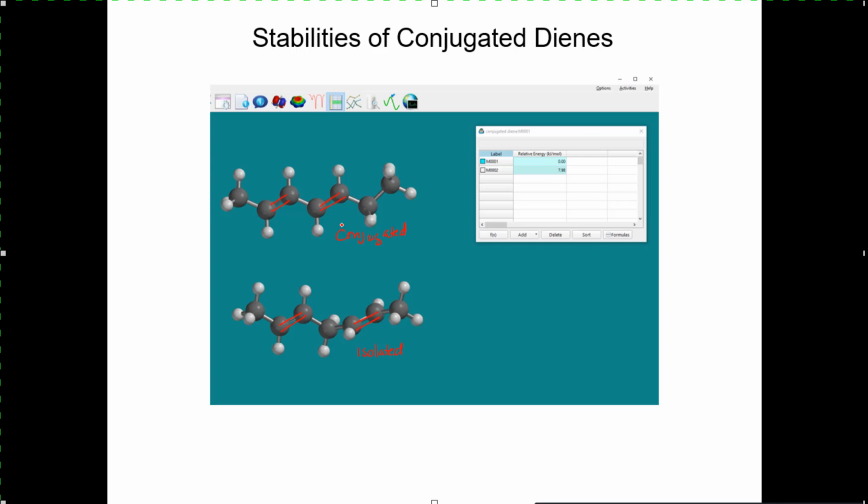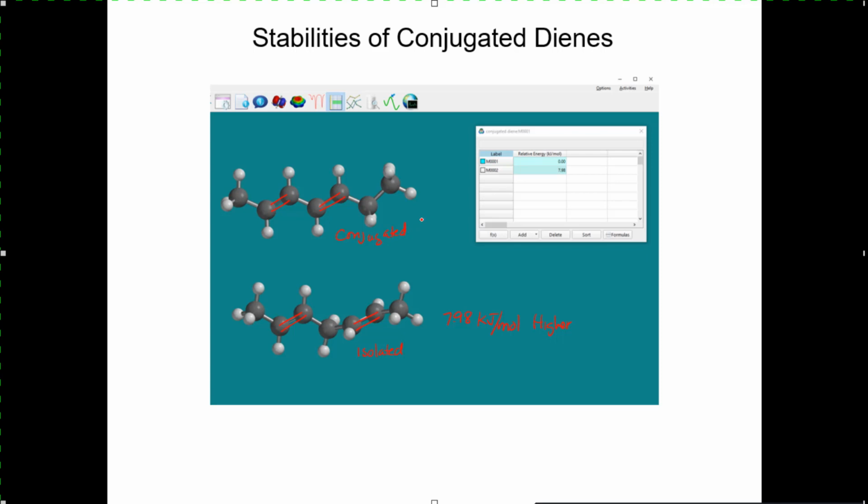And when we do calculations, what we find is that for the top conjugated diene, I set that energy as 0, kind of my baseline. So that had a relative energy of 0 kilojoules per mole. And then the isolated diene was found to be 7.98 kilojoules per mole more unstable, or higher energy, than the conjugated system.